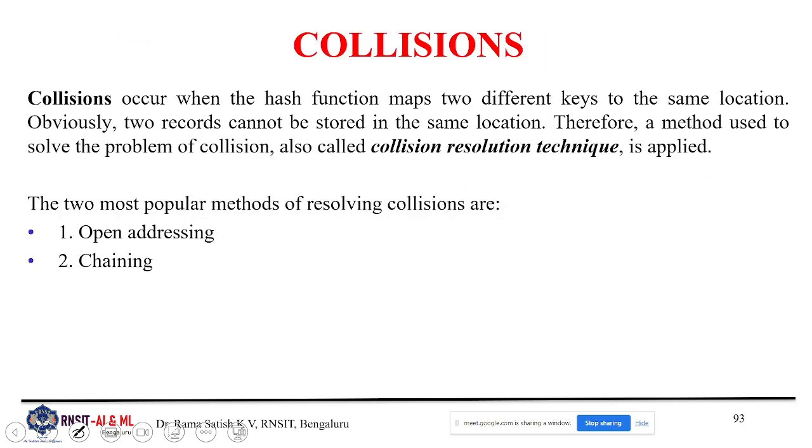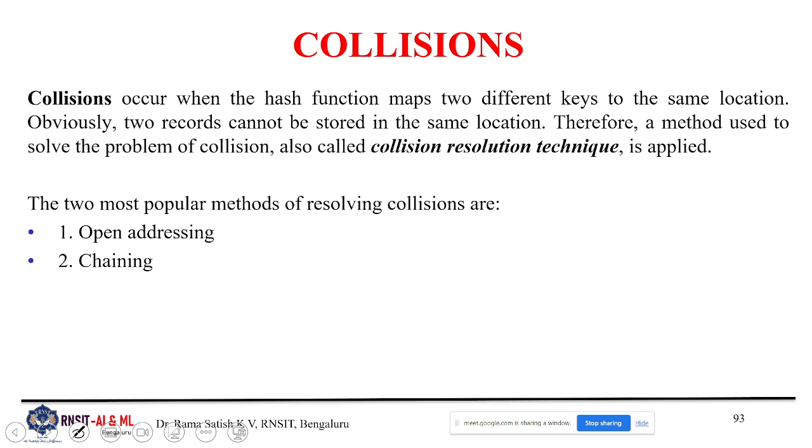In order to understand what is a collision, collision occurs when a hash function maps two different keys to the same location. So if you map two different keys to the same location, then collision happens.